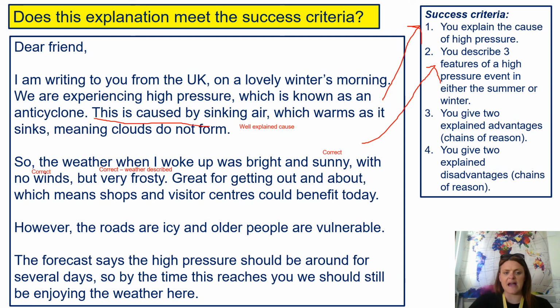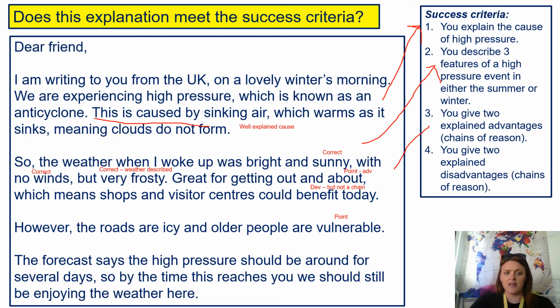It's great for getting out and about, which means shops and visitor centres could benefit today. That's great. So they've written a point about the advantage. But they haven't explained why it's such a good benefit and why people would more likely go out during this weather. So the chain has not been done there.